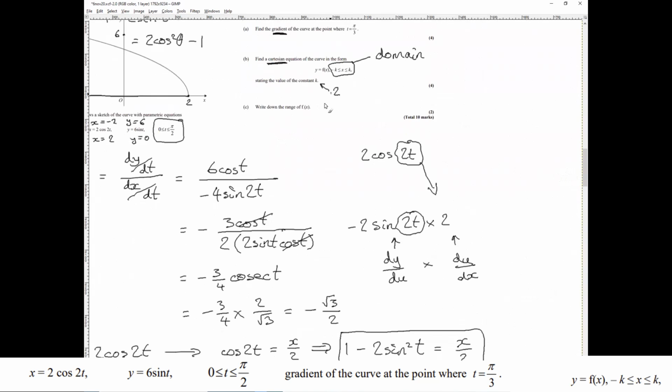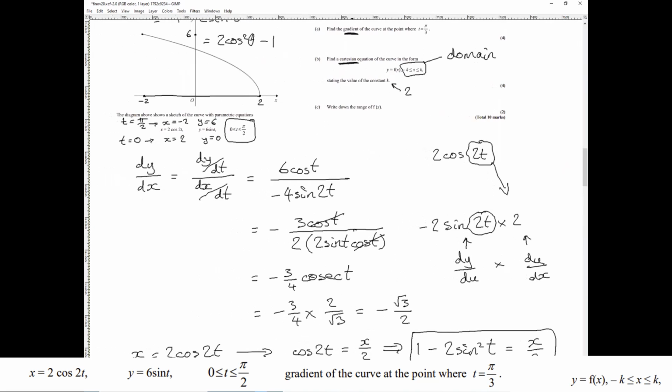And then write down the range of f. Do you remember what the range means? It comes together with the word domain, doesn't it? Remind me what the domain is. The domain is the x-axis.